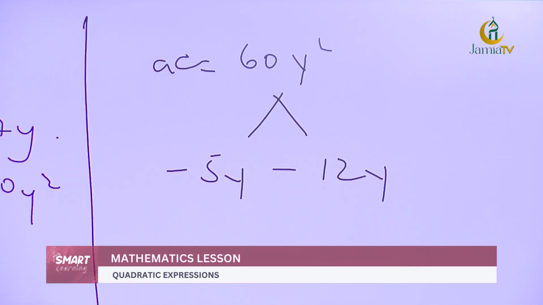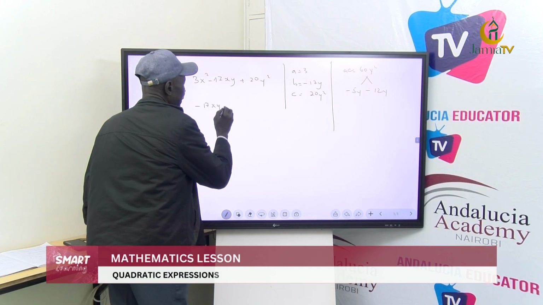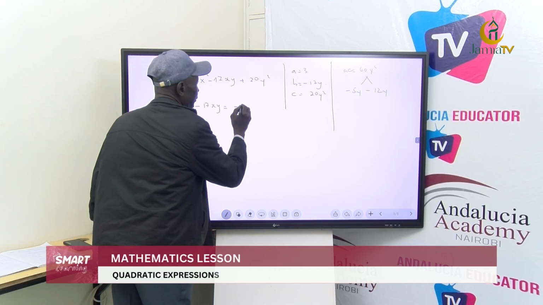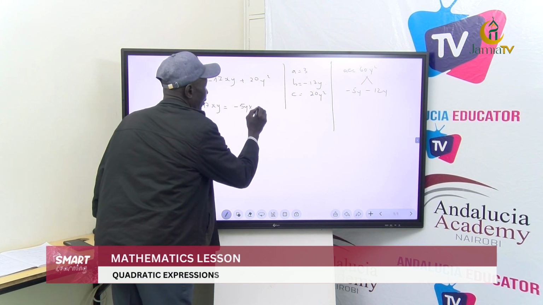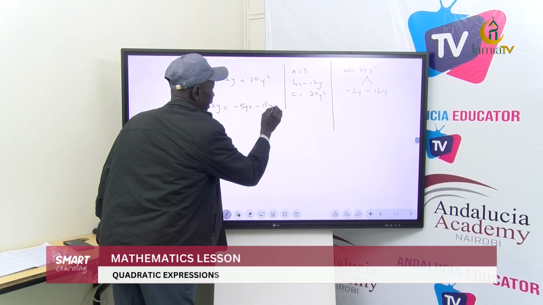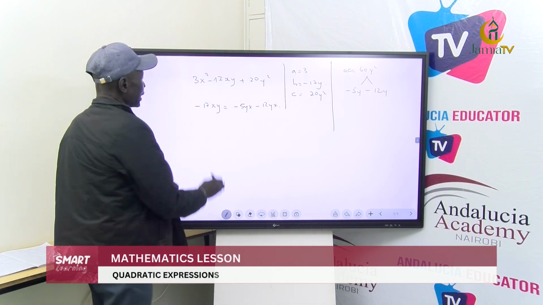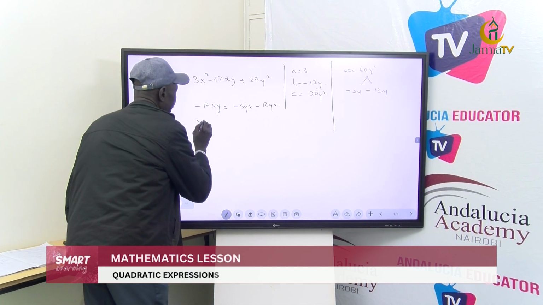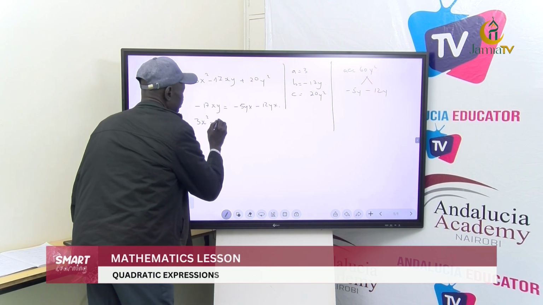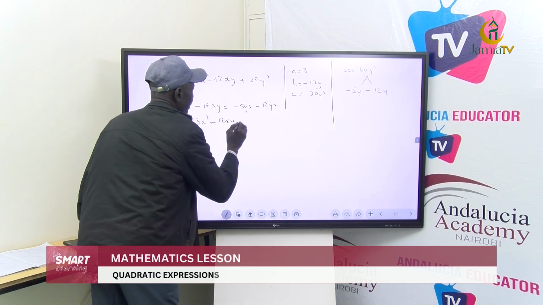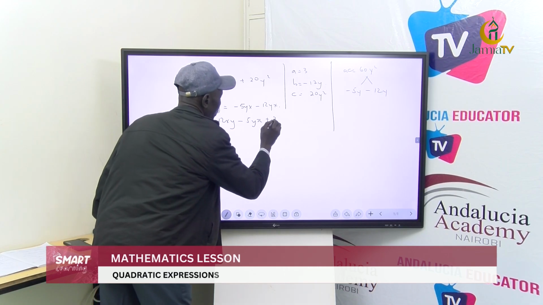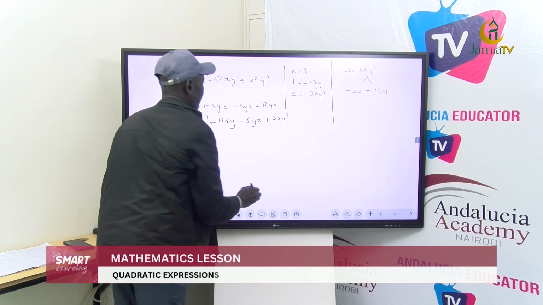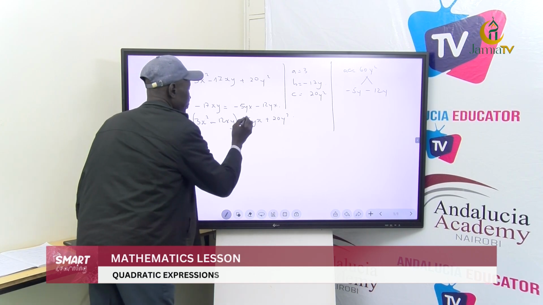So we are going to write negative 17xy in terms of negative 5yx minus 12yx. So let's have this: 3x squared minus 12xy minus 5yx plus 20y squared. Then we group.